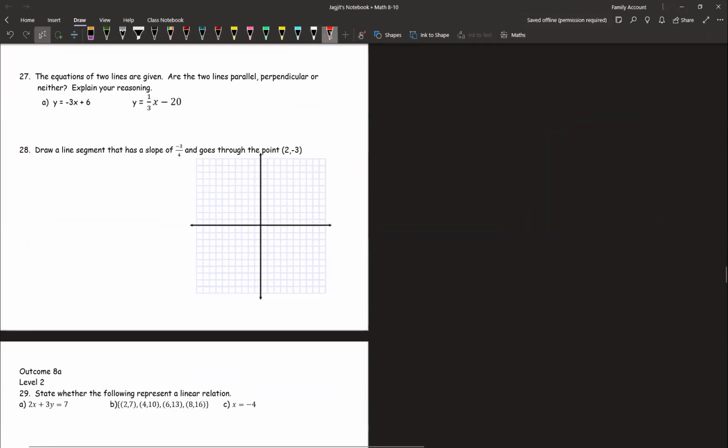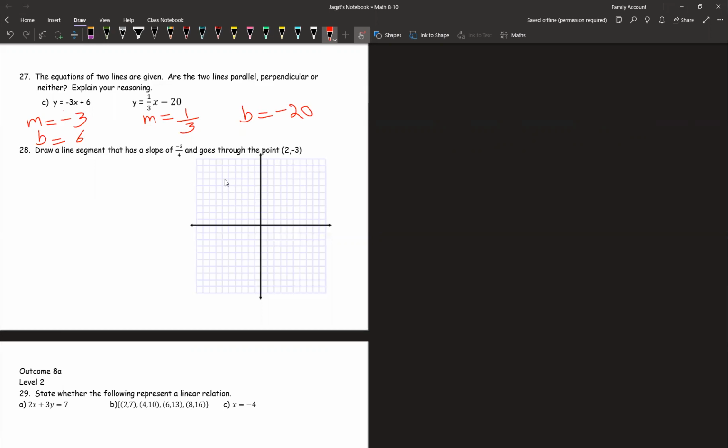Okay, next up, the question says the equations of 2 lines are given to you. Are these 2 lines parallel, perpendicular, or neither? So let me find the slope of the first equation. That's minus 3, and the y-intercept is 6. What's the slope of the second line? 1 over 3, and the y-intercept is minus 20.